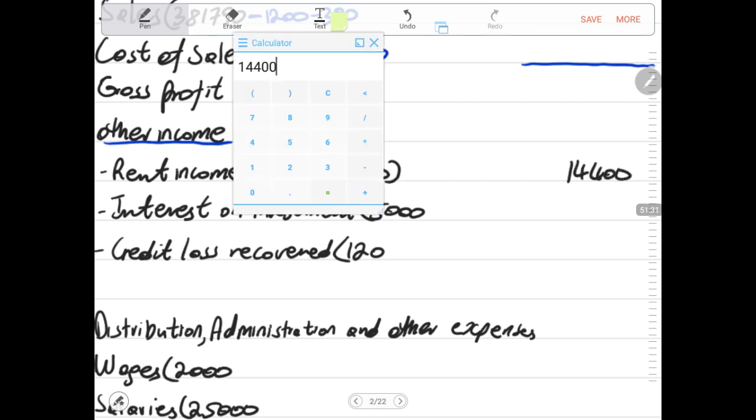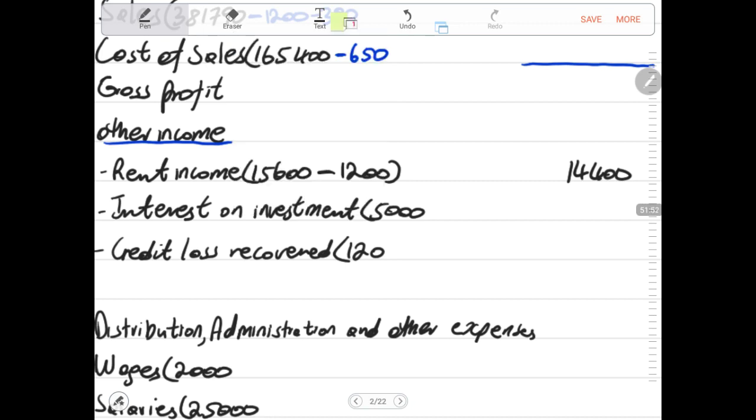This is the rent that we're supposed to receive, meaning in our income statement we only want to see incomes that we're supposed to have received during the accounting period. Anything that we are not supposed to receive during the accounting period will be a liability that goes to the statement of financial position.